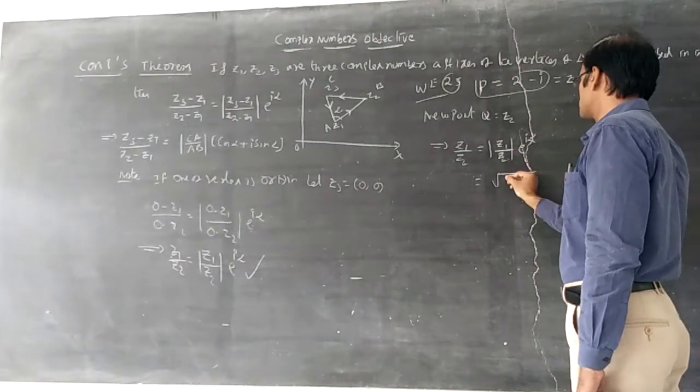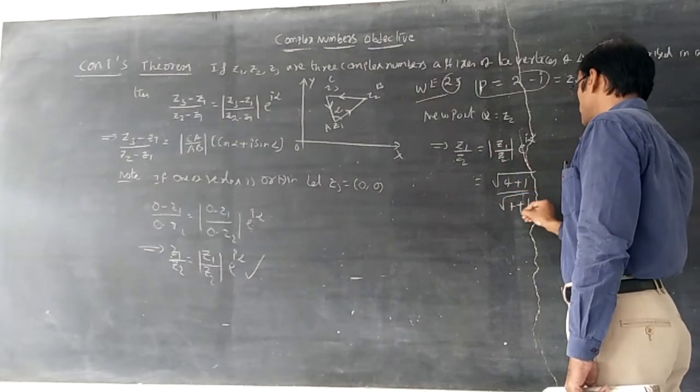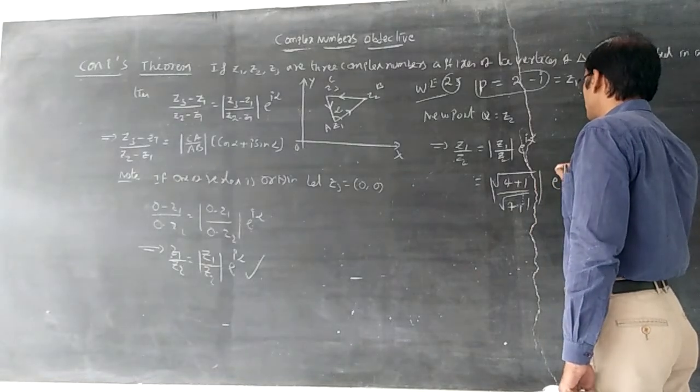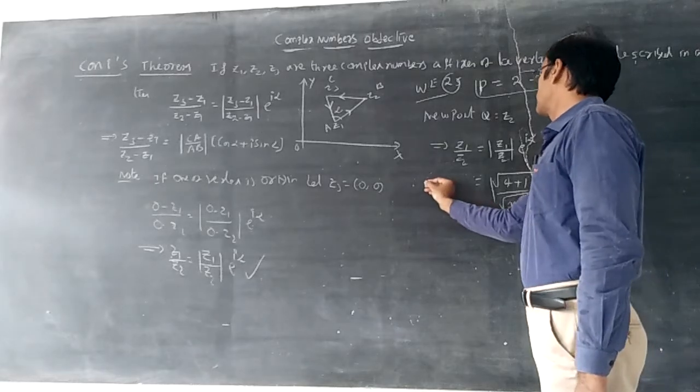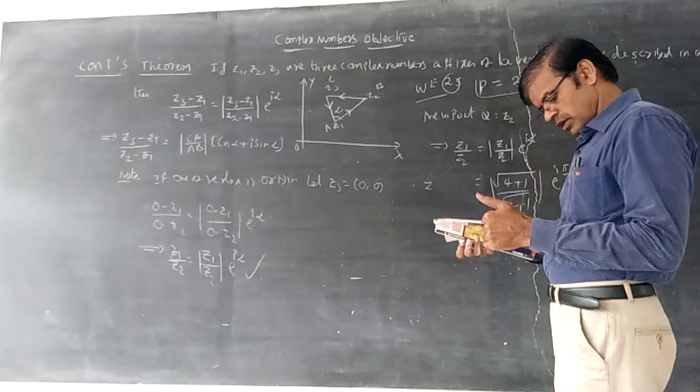If you want to write it, it is root of 4 plus 1 by root of 4 plus 1, into e power I alpha, meaning e power I pi by 2.